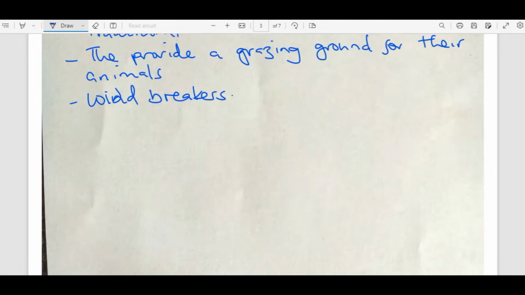So we are looking at B there, the advantages of road and railway.